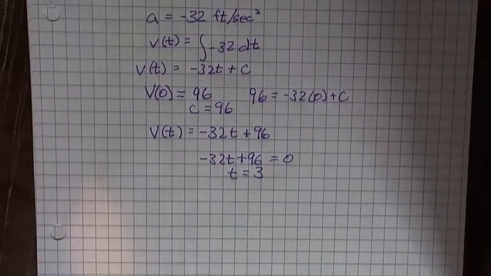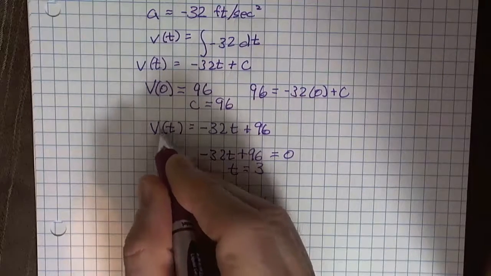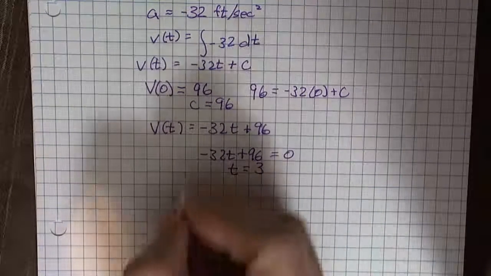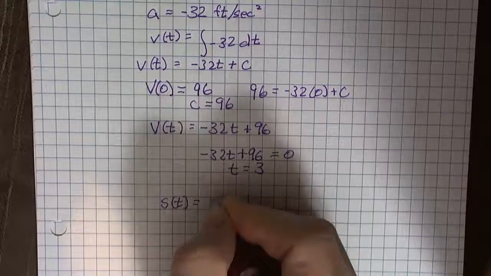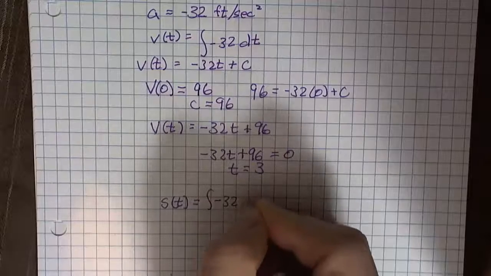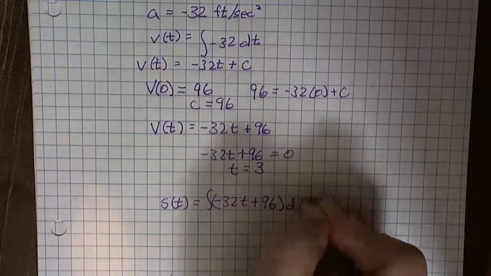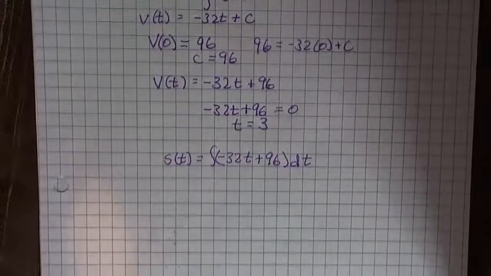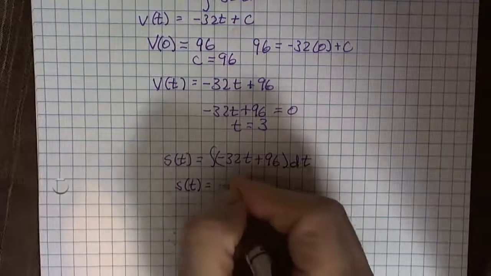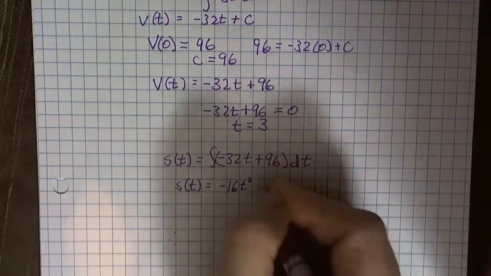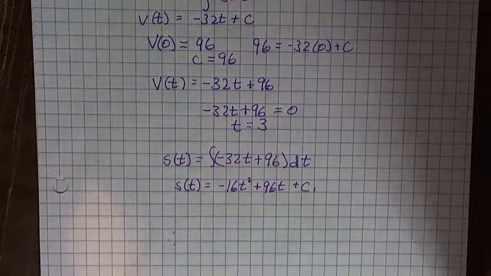Now we want a formula for the position. Well, I already said the derivative of position is velocity, so now I integrate velocity to get position. So this is going to be the integral of negative 32t plus 96. And when we go through this, using the power rule for integration, we get negative 16t squared plus 96t plus another constant.